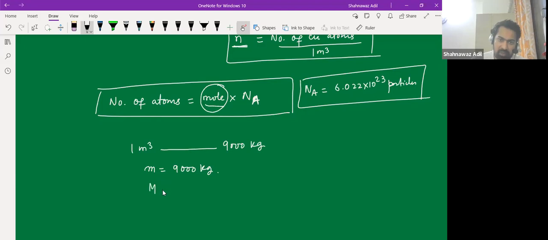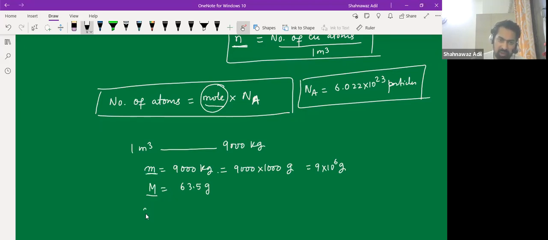And atomic mass is 63.5 gram. This is 9,000 into 1,000 gram, which is 9 into 10 to the power 6. So now I have this mass given, I have this atomic mass.